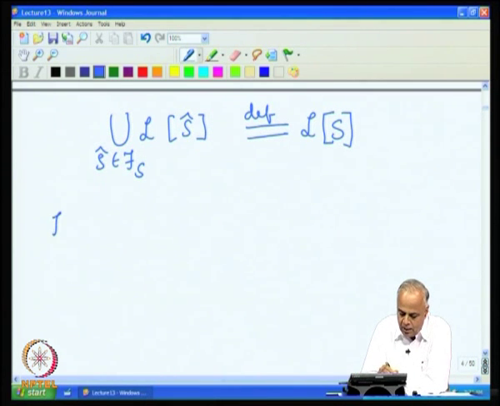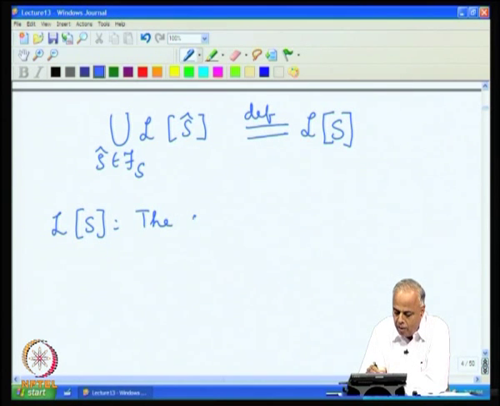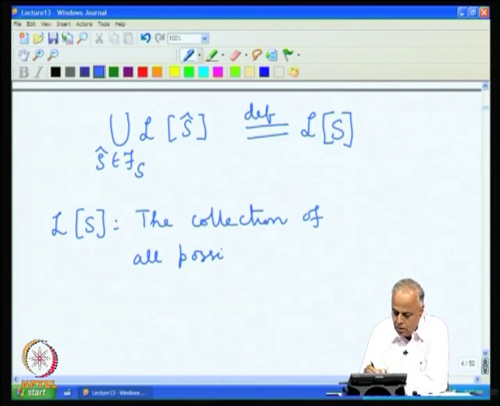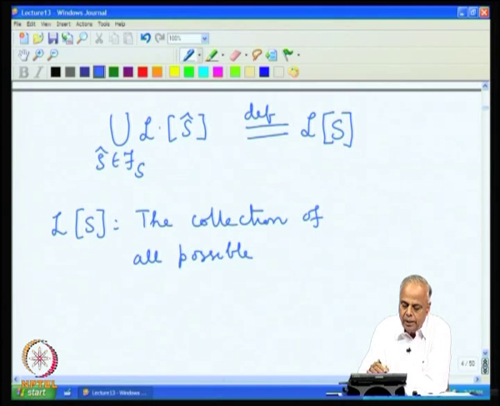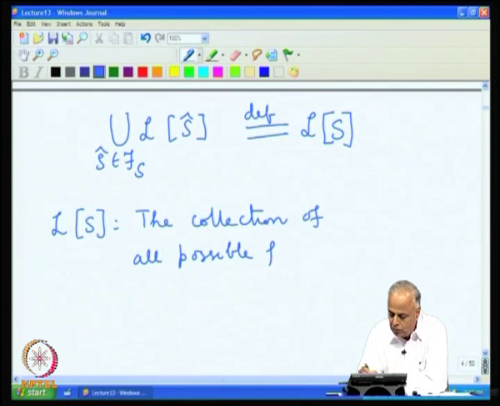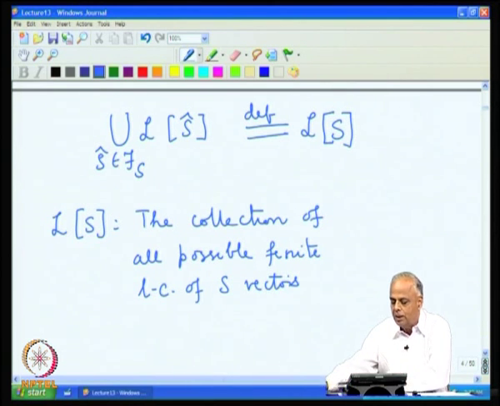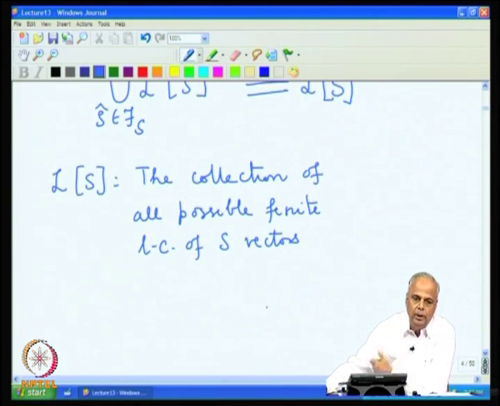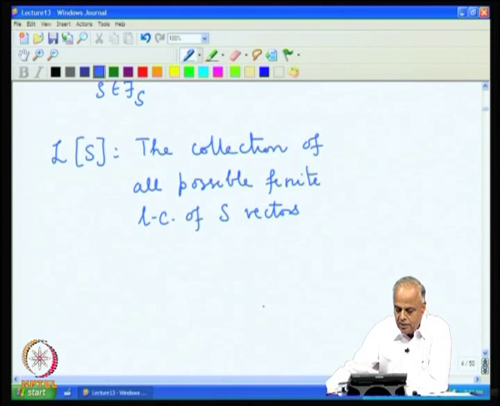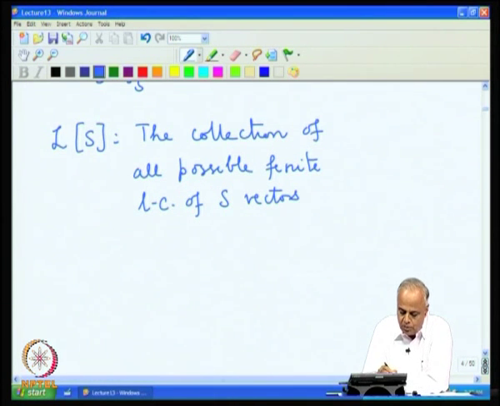It is easily seen that L(S) is actually the collection of all possible finite linear combinations of S vectors. Take only a finite number of S vectors and look at their linear combinations, and do it over all possible finite sets.